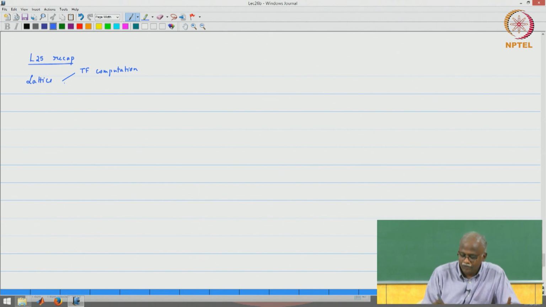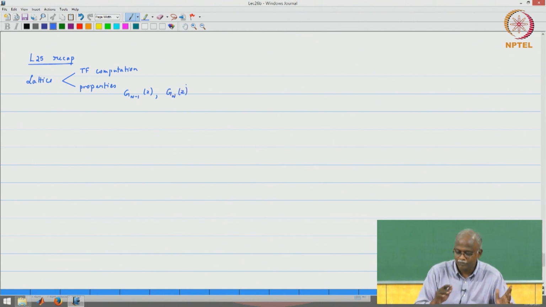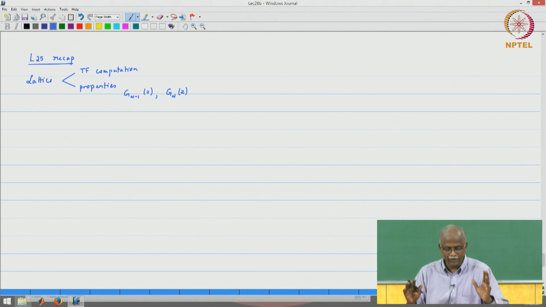Then, what are some of the properties and how do they affect the lower order transfer function Gn minus 1 of z, and how do they carry forward to the higher order transfer function Gn of z. So basically the lattice preserves some properties.